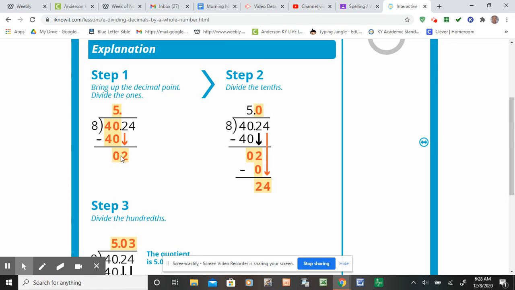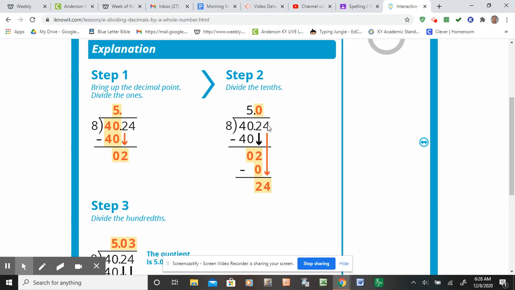Now, does 8 go into 2? We find out that 8 does not go into 2, so 8 goes into 2 zero times. Put 0 in your quotient. Multiply it out. 0 times 8 is 0. Subtraction is next. Remember, dad, mom, sister, brother, and rover. 2 minus 0 is 2.